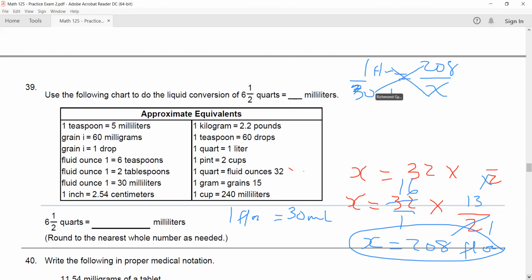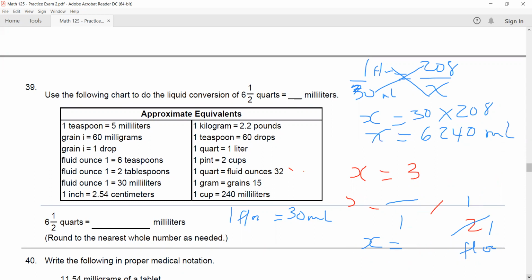So I cross multiply. X times 1 is X. 30 times 208. What's that going to give us? We're going to have a 0, a 4, a 2, and a 6, equals X. And what is this in ml? This tells us that we moved 2 steps. What do I mean by that?